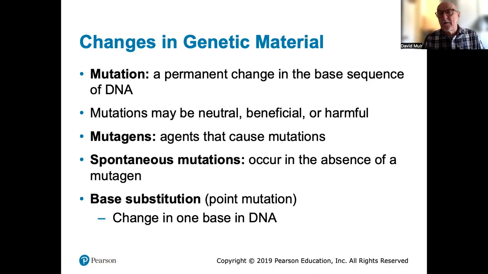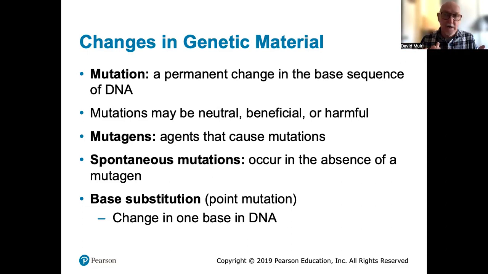So a mutation is any permanent change in the base sequence of DNA. And we recognize three kinds of mutation. First of all, the vast majority of mutations are either neutral, they have no impact on the functioning of the cell, or they are harmful. Very occasionally, a beneficial mutation may arise and improve the functioning of the cell.